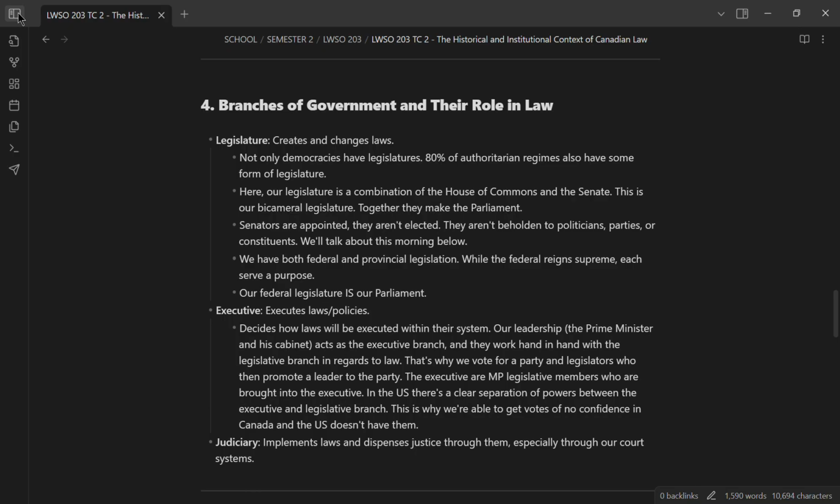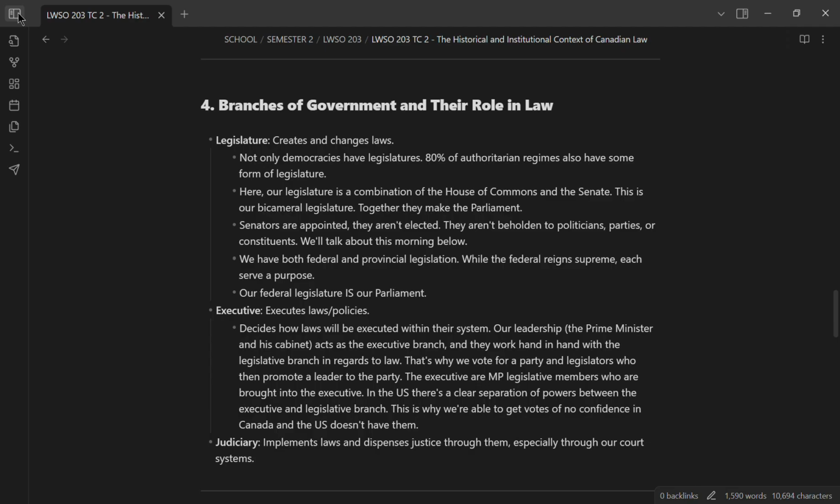Our legislature. Legislatively, a lot of different forms of government have a legislature, whether or not they're democracies. In Canada, our legislature is a combination of the House of Commons and the Senate. That is, like I referred to earlier, our bicameral legislature. We don't have one single leg of the legislative branch that makes up Parliament. We have two, the House of Commons and the Senate, a higher and lower legislature. Senators are appointed, they aren't elected.